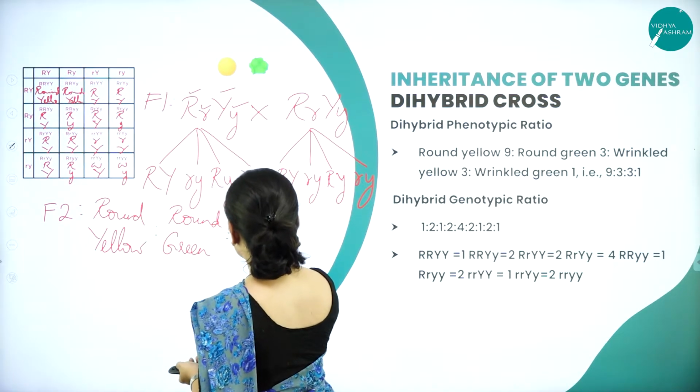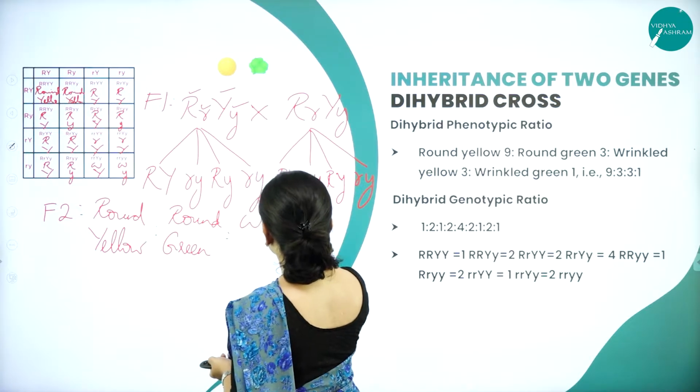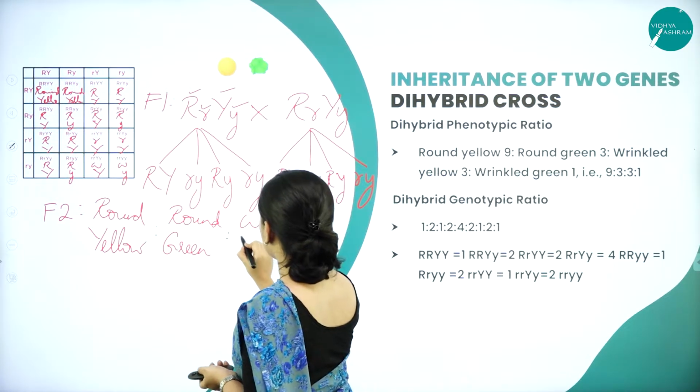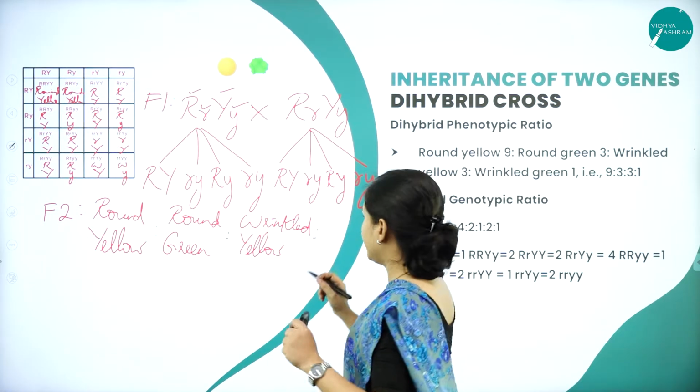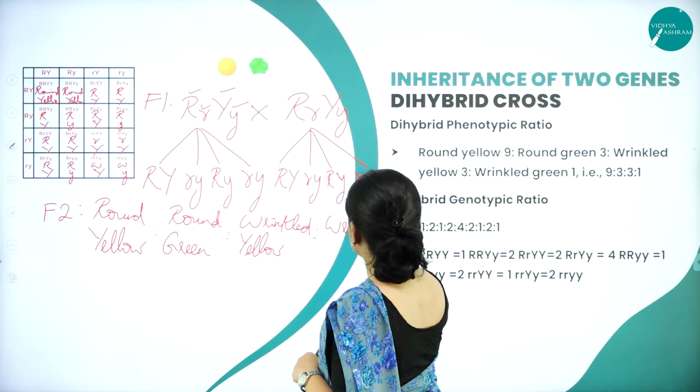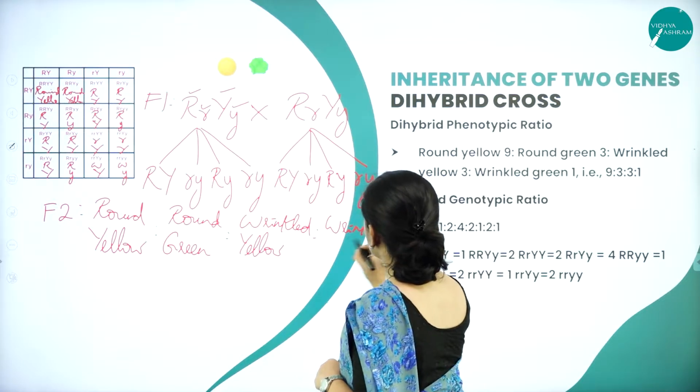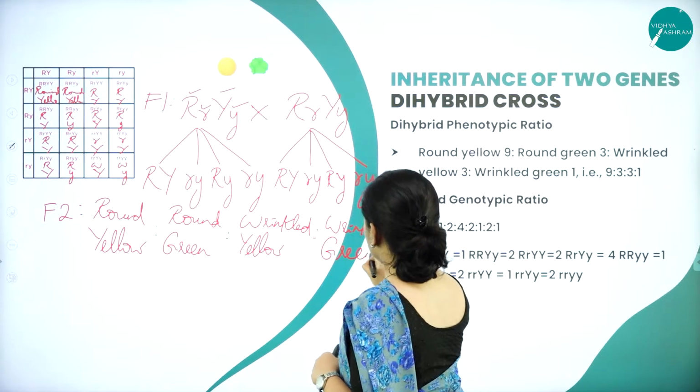Plants will produce seeds which are wrinkled and yellow in color, and also in the progeny there will be plants which produce wrinkled seeds which are green in color.